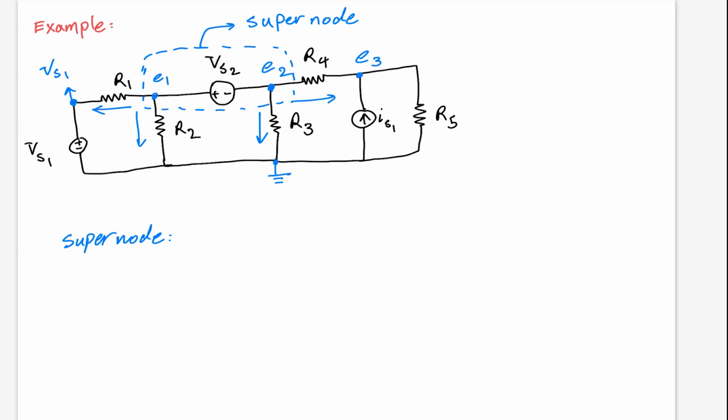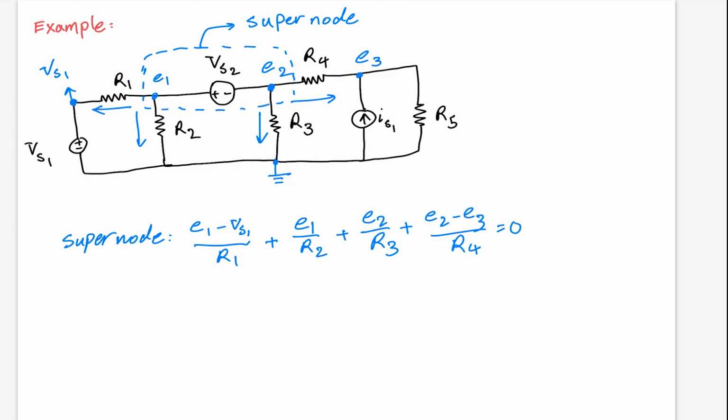So for this one, we can write E1 minus Vs1 over R1, plus this current is E1 over R2, plus this current will be E2 over R3. And finally, this current is E2 minus E3 over R4 equal to 0.